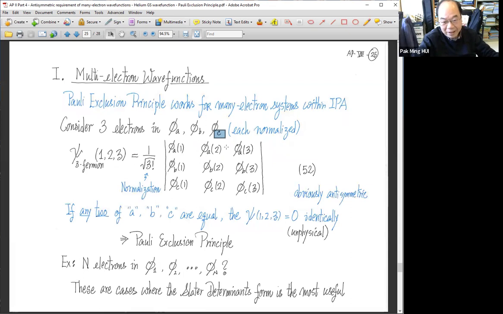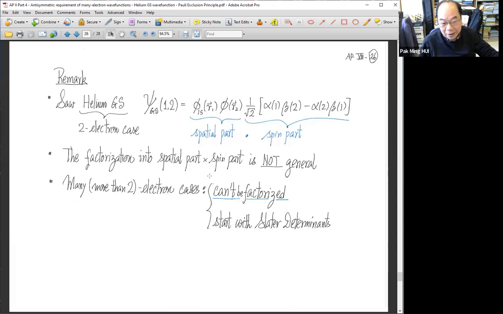Try. What I'm telling you here is, in general, a multi-electron wave function cannot be factorized into spin part times spatial part. 2 electrons, okay, it can be done. And that's why we make use of this helium case very often to bring out the physics more clearly.